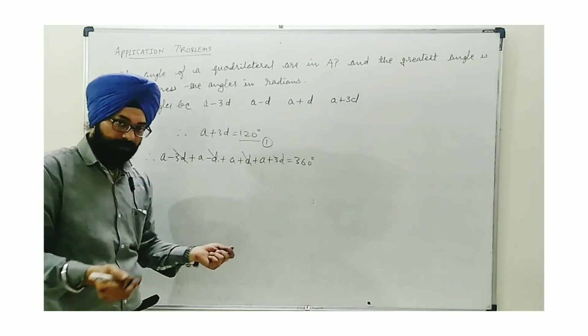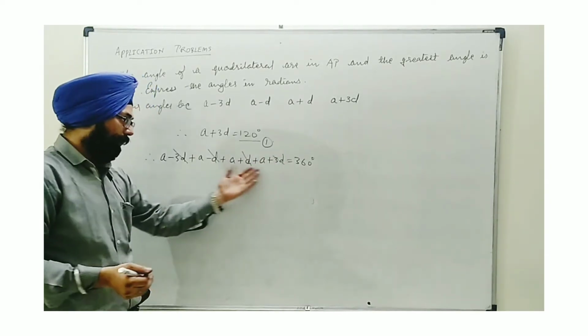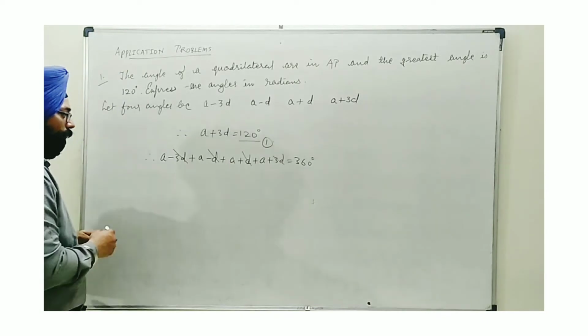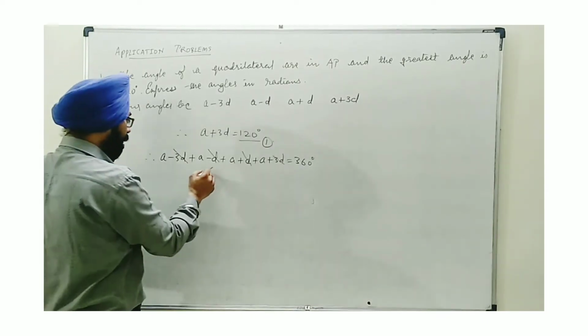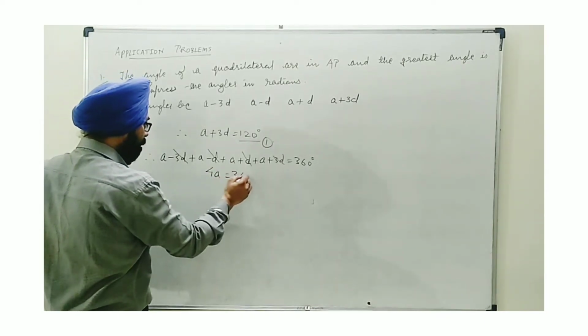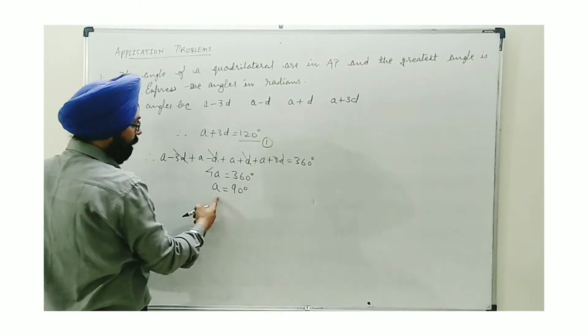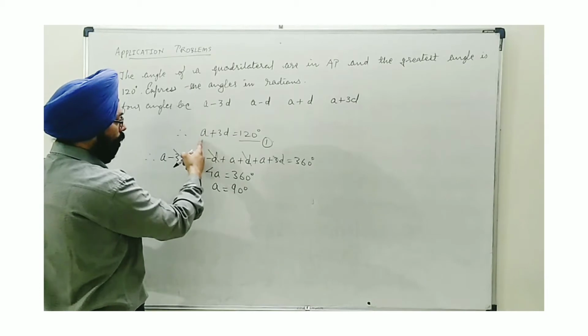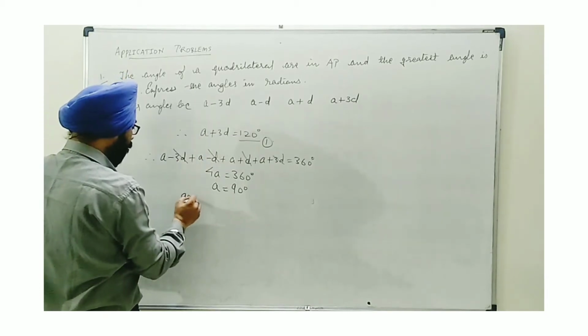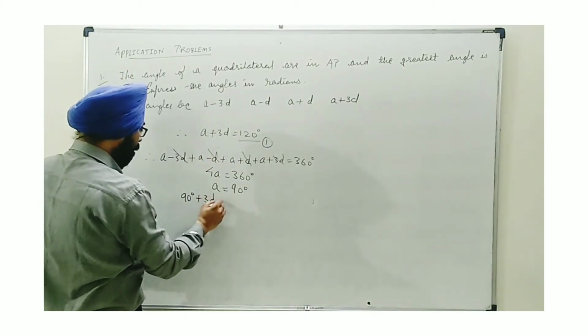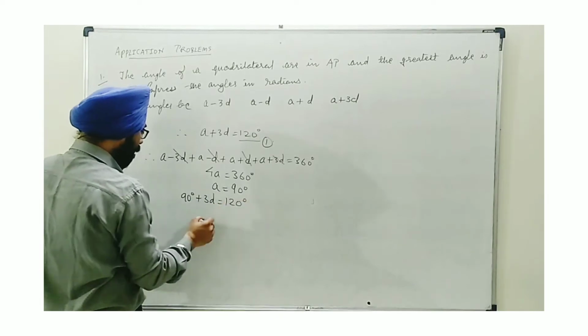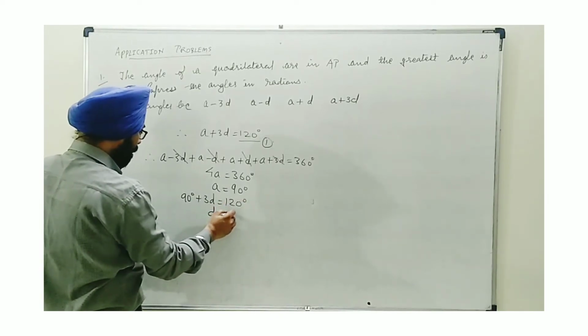Whenever you are adding all these four quantities, you are going to get them cancelled. So we are having only A left in the expression. We have 4A equal to 360. As soon as we get it, A is equal to 90 degrees. Substituting the value of A in equation number 1, we get 90 plus 3D is 120, and solving, we obviously get D equal to 10 degrees.